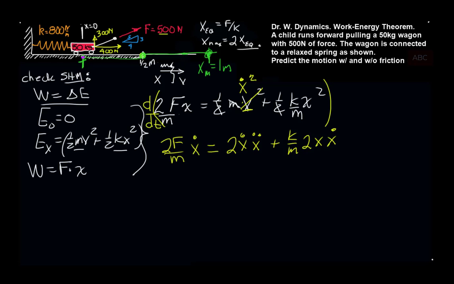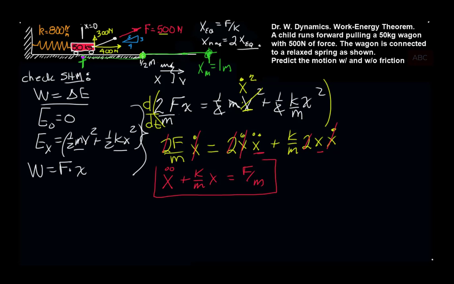And if we look at that, we can divide through by x dot. We can also divide through by 2. And if I rearrange this slightly, we get x double dot plus k on m x is equal to F on m.